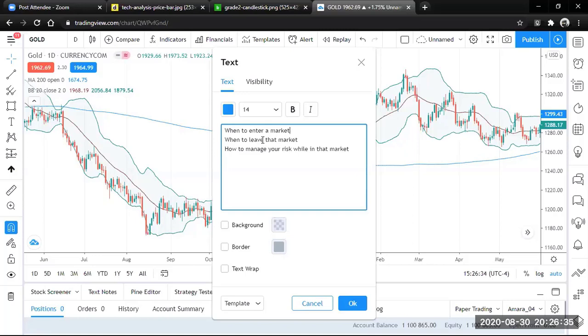Then that happened, so I have gotten when to enter my market. Now, there's no hard and fast rule to this because different traders adopt different modes of thinking. Some people have a couple of strategies. Some people have a basket of strategies that they employ across different things.